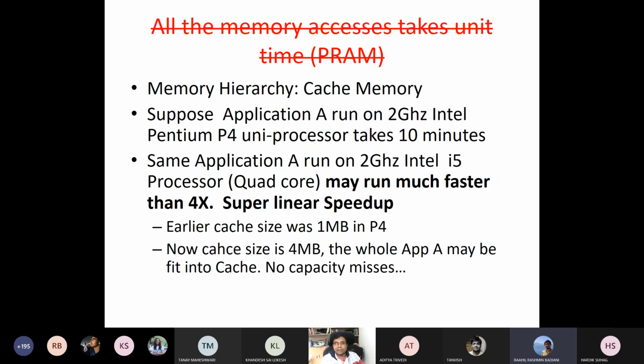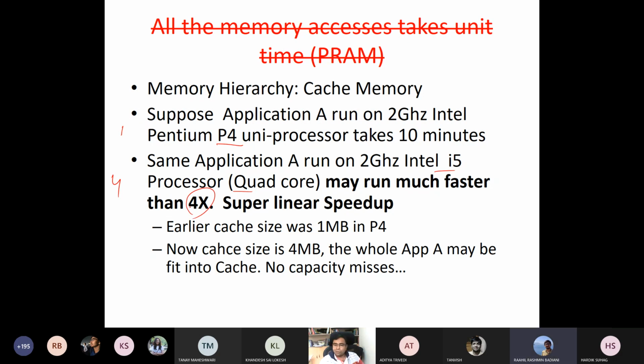Suppose application A runs on a 2 GHz Pentium 4 uniprocessor and takes 10 minutes, and the same application runs on a 2 GHz i5 processor, suppose quad core, it may run faster than 4x. This P4 is a uniprocessor with 1 core, and this Intel i5 is quad core with 4 cores, and this application may run faster than 4x.